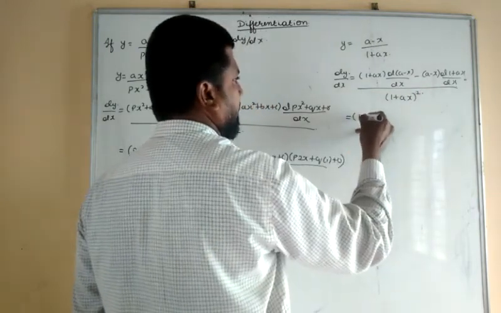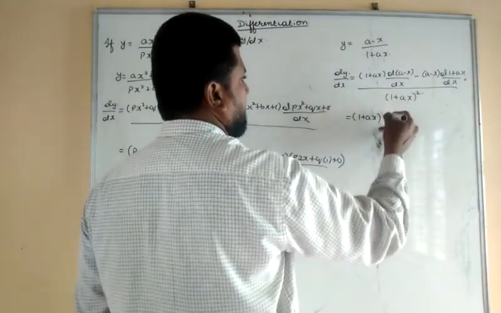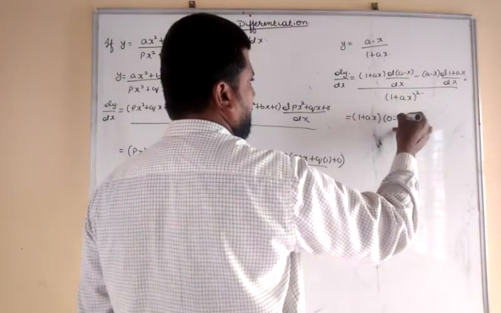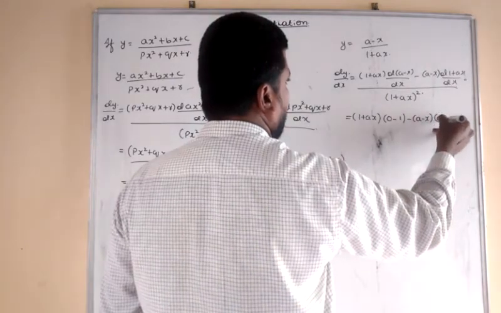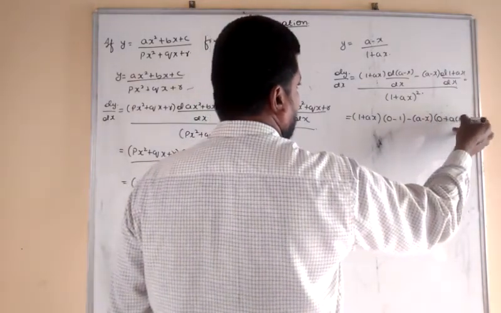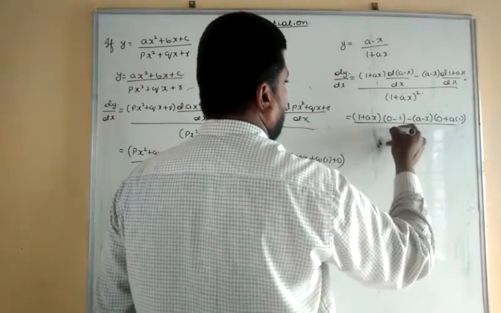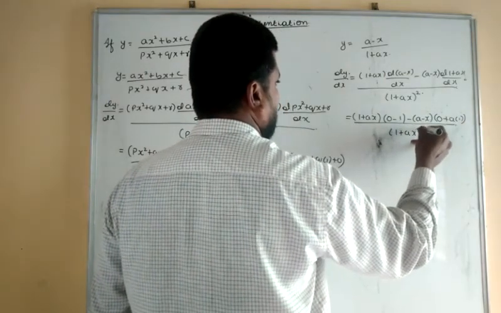So here 1 plus ax, a is constant, 0, x differentiation is 1; a minus x, 1 differentiation is 0, a constant, x differentiation is 1, by (1 plus ax) whole square.